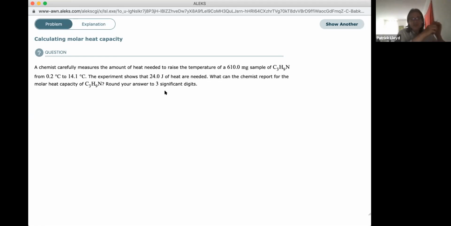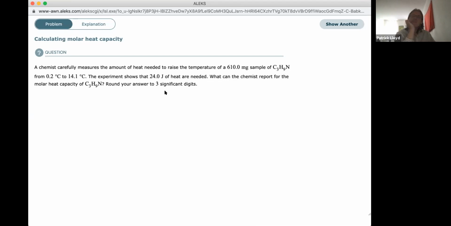Molar heat capacity involves moles. So there's specific heat capacity and then there's molar heat capacity. A chemist carefully measures the amount of heat needed to raise the temperature of 610.0 milligrams of a sample of C3H9N. What is C3H9N?